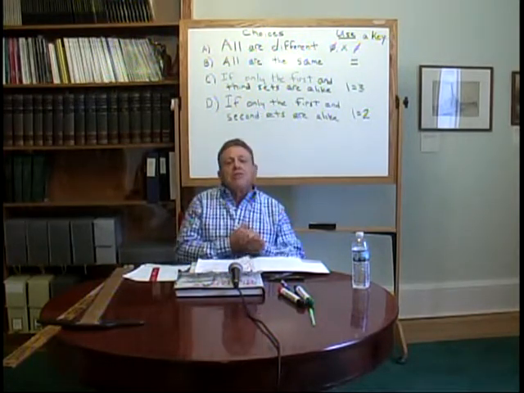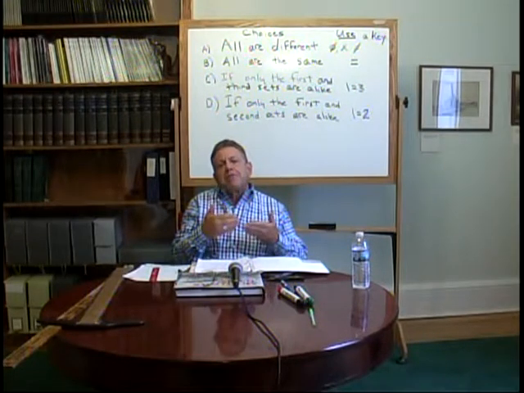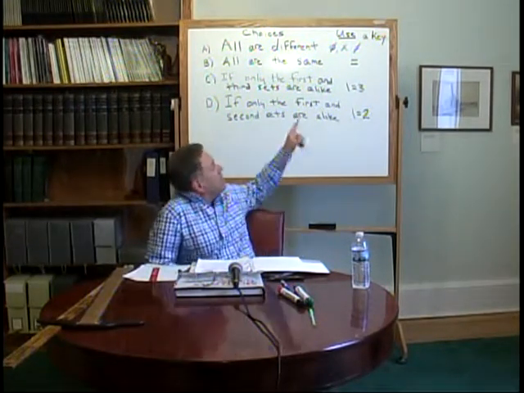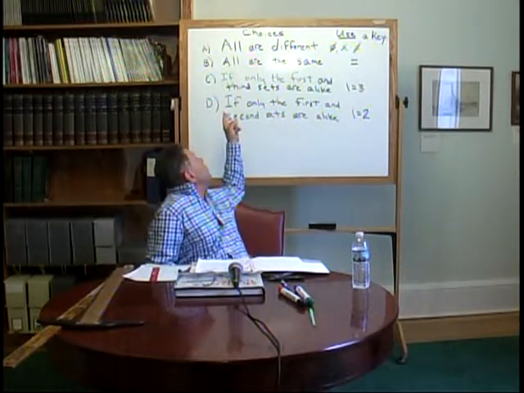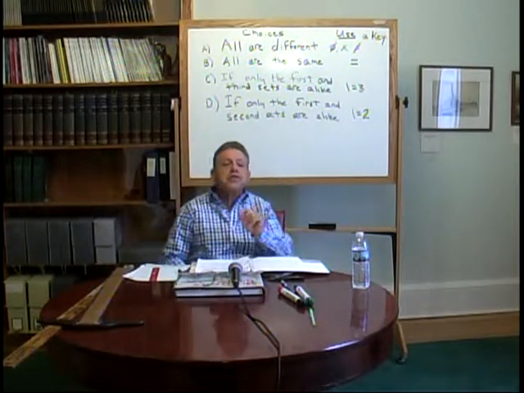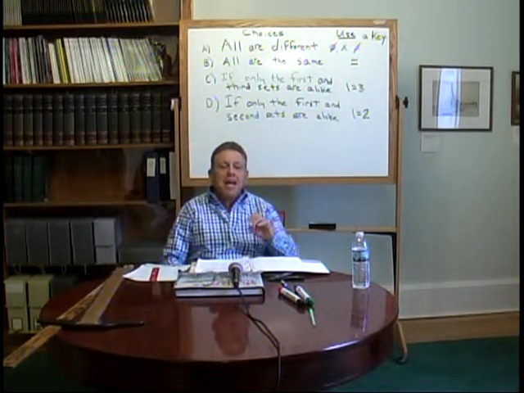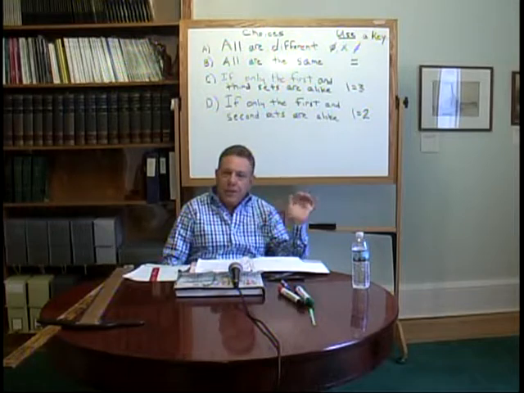Some people don't like using the equal sign with a line through it because then they might get mixed up with an equal sign, which you'll see is the next choice in the key. If B is all three are the same, you would just use an equal sign. That's pretty uniform and pretty standard. From what I've seen, most people are comfortable that if they're saying all are the same, you write an equal sign.